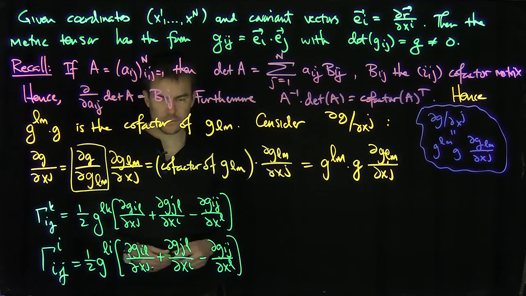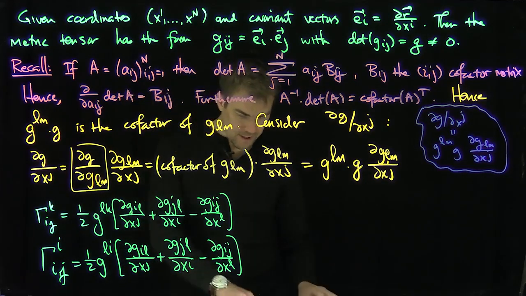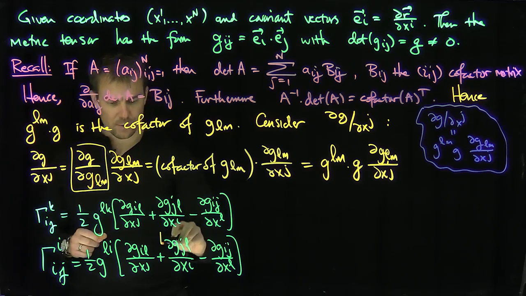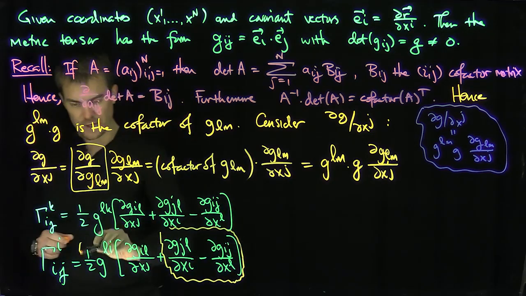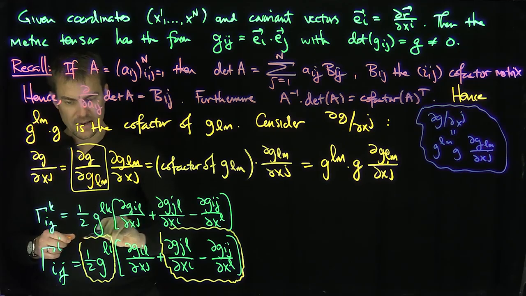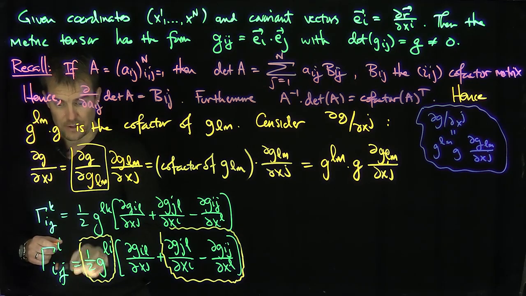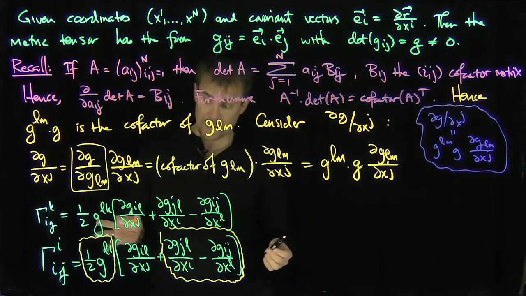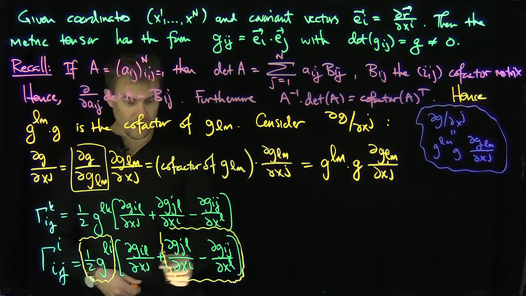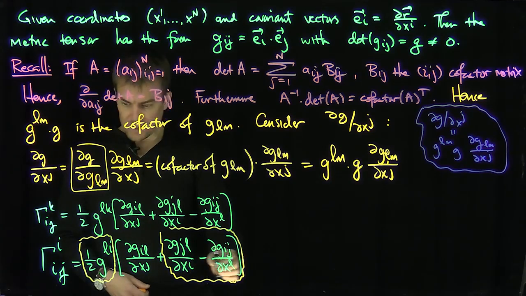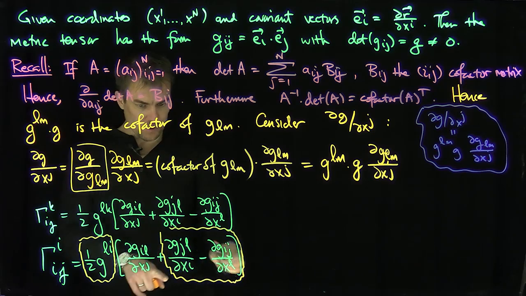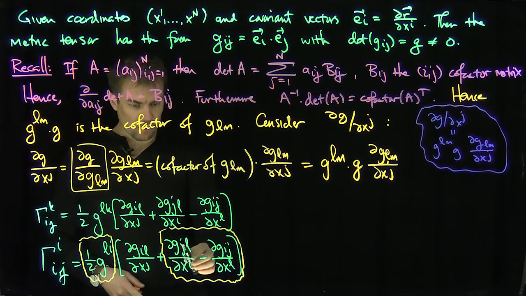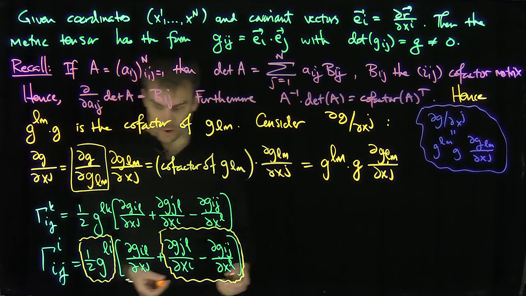Okay, excellent. Now, here's the key feature over here. I'm going to look at these last two terms in this definition of the Christoffel symbol as I'm tracing over these things. I'm tracing over i and l, right? I have an upper index and lower index, so I'm summing over both i and l. So if I first sum over l, then my l and my i play the same role. So this expression, when I sum over l and i, zeroes out, right?